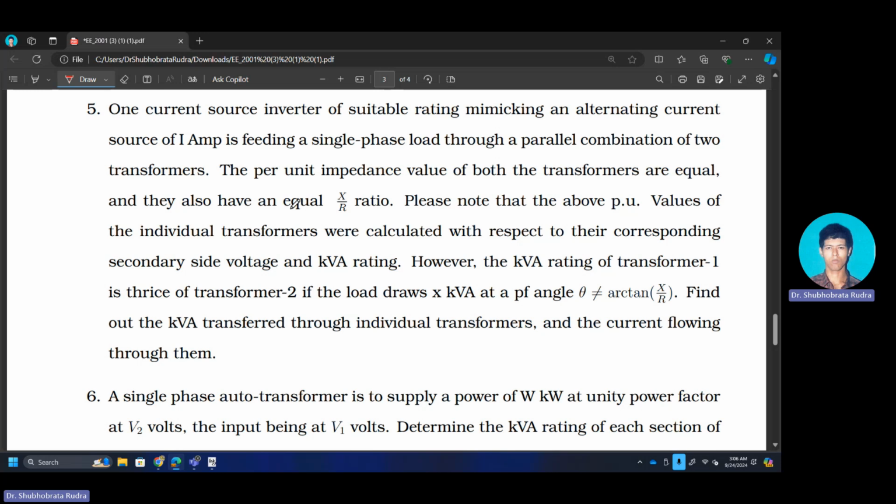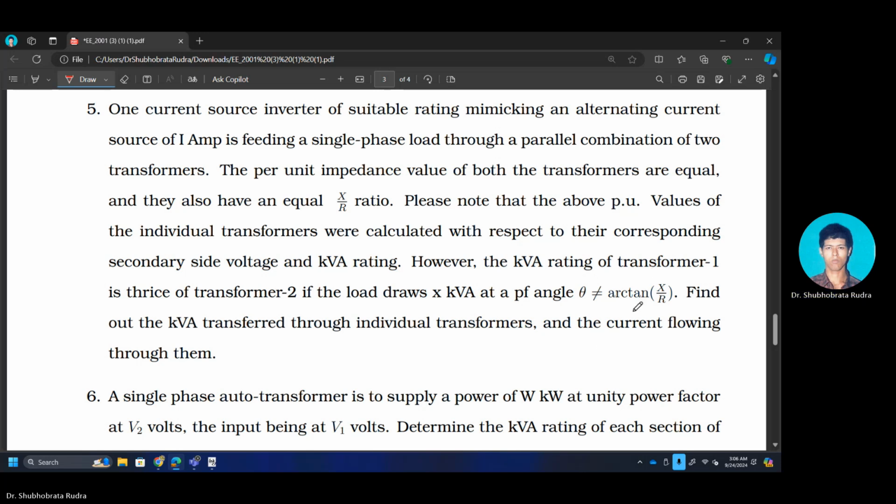So both the transformers' per unit impedance values are the same and they have an equal X/R ratio. But what is the problem? The problem is that one transformer's kVA rating is 3 times that of the second transformer.